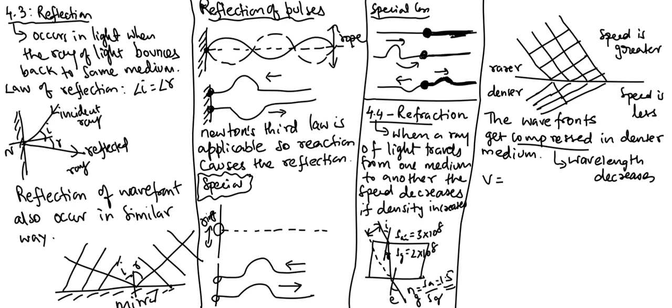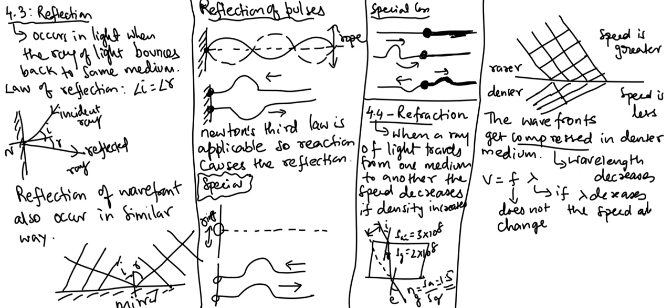and we know very well that V is equal to F lambda. F does not change, so if lambda decreases, then speed also decreases. Of course, this works very fine here.